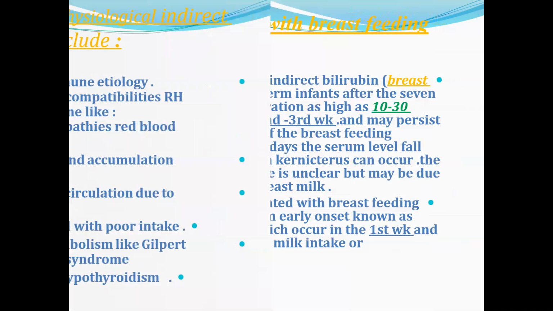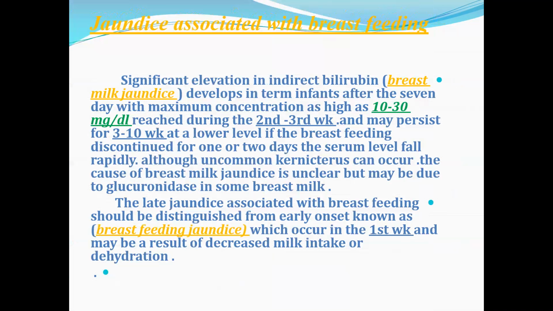Here we talk about important jaundice that relates to breastfeeding. In fact, we have breast milk jaundice and we have breastfeeding jaundice. There is some difference that should be kept in mind.